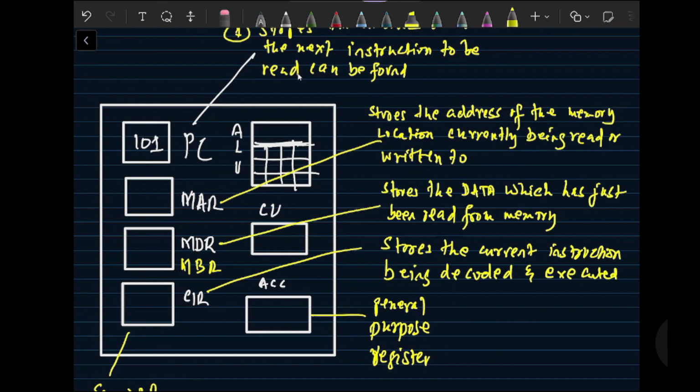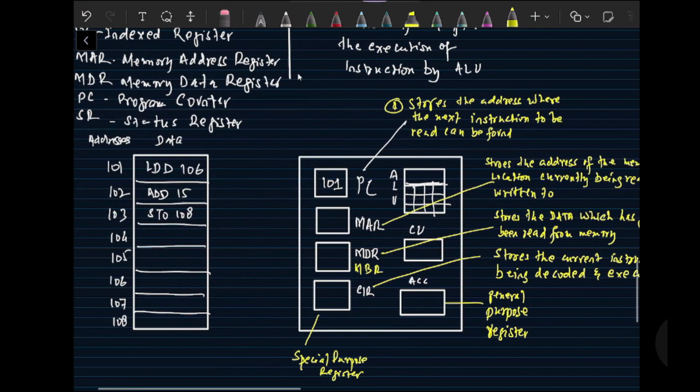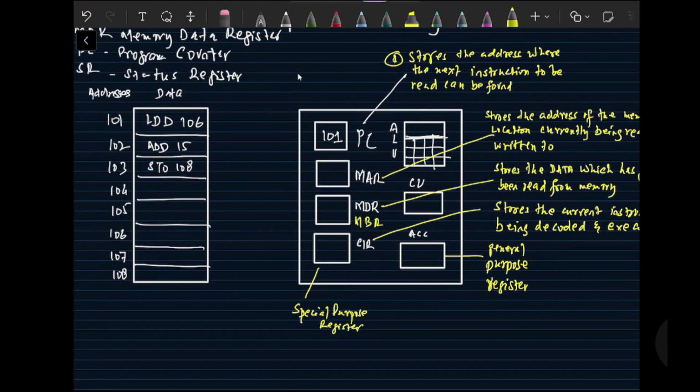All right. So these are the registers in the CPU. So this is the CPU and this is the memory, or RAM.